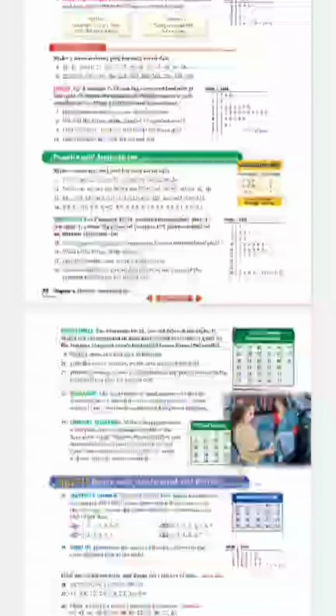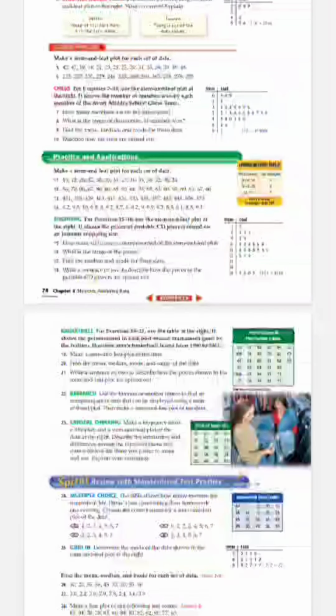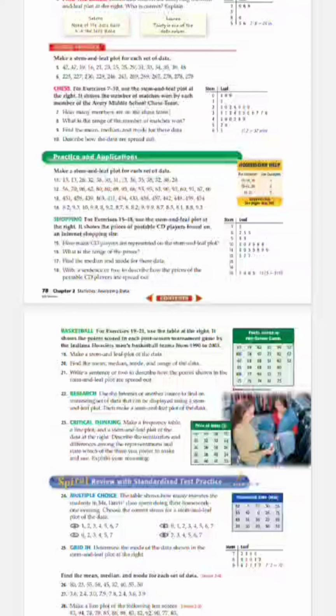22. Research. Use the internet or another source to find an interesting set of data that can be displayed using a stem and leaf plot. Then make a stem and leaf plot of the data. 23. Critical thinking.